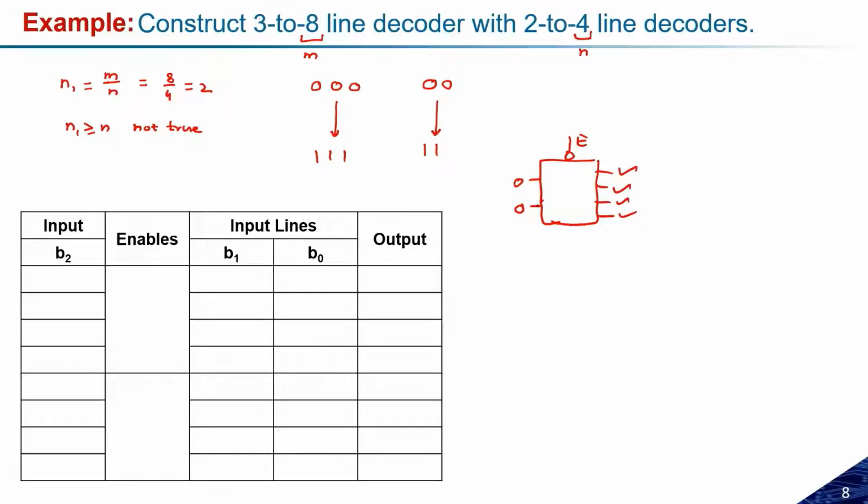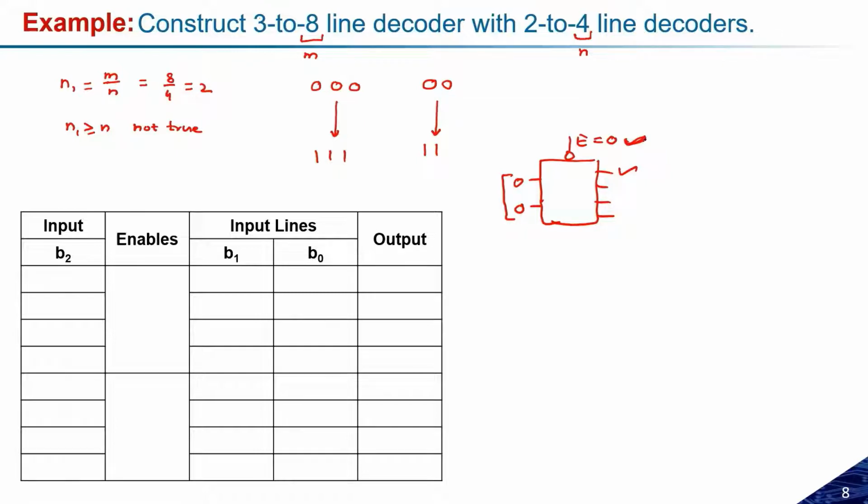If it's 00, the first will be selected, 01, the second, and so on. But if E is equal to not 0, because this is active low, even though there are changes in the input, this decoder will not give any output, it will give a 0 output. So this enable signal can also act as a control signal that decides whether I have to use this decoder or not.